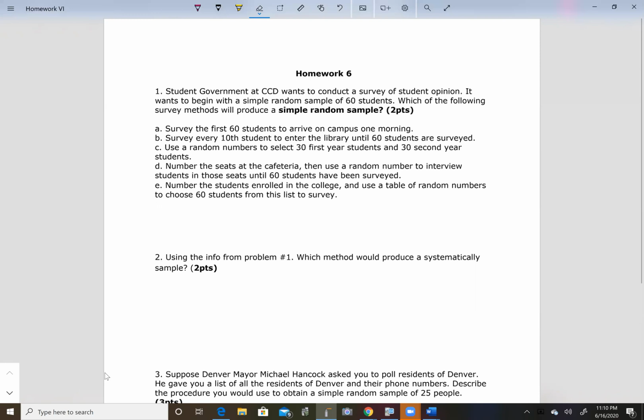If your school is anything like my school, not many students at all eat in the cafeteria. Part E, number the students enrolled in college and use a table of random numbers to choose 60 students from that list. Bingo, that is the correct answer.